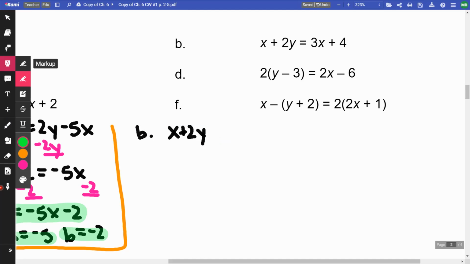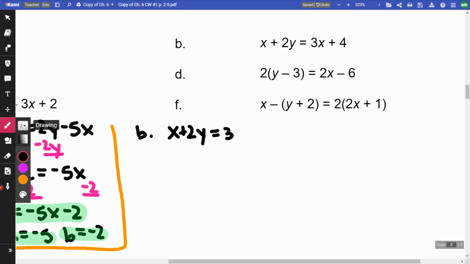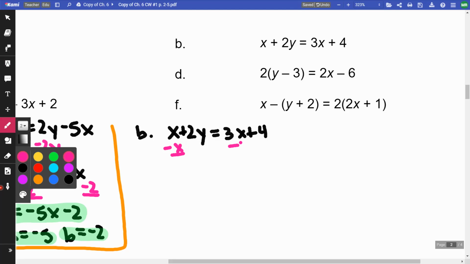Okay, we have x plus 2y is equal to 3x plus 4. I want to get the y by itself. So I am going to minus the x first, and I get 2y is equal to 2x plus 4.